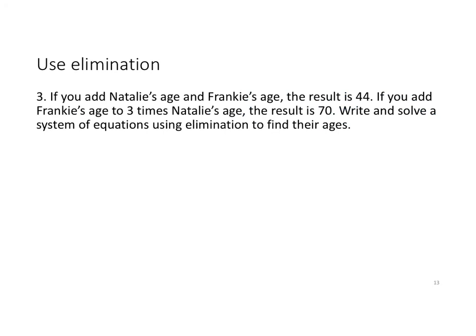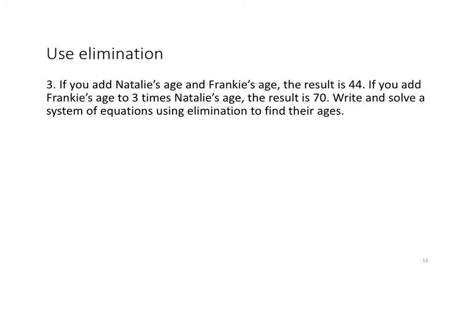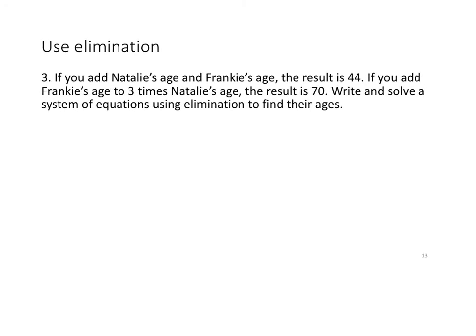Use elimination. If you add Natalie's age and Frankie's age, the result is 44. If you add Frankie's age to 3 times Natalie's age, the result is 70. Write and solve a system of equations using elimination to find their ages. So N plus F equals 44, and 3N plus F equals 70.